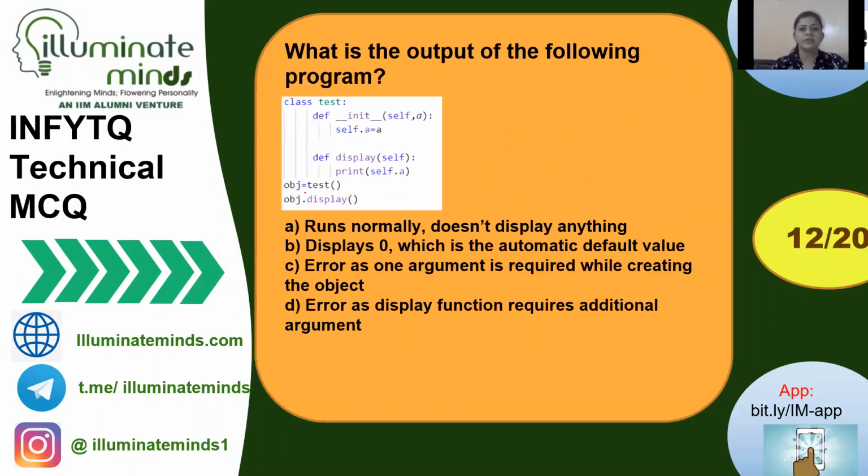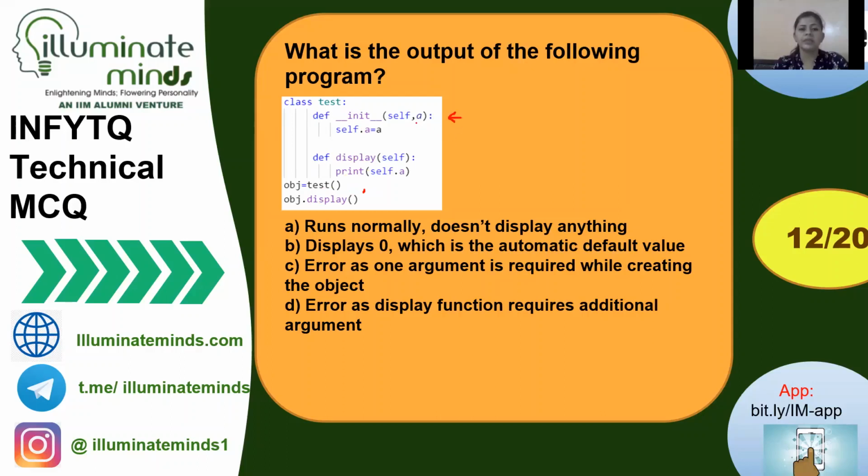Question number 12. What is the output of the following program? One class is given to us, Test, with a constructor, then another function, display. The object is equal to Test, then we have object.display. Do you think it will work? No, it will not. Why? Because see here in the constructor we have self, a.